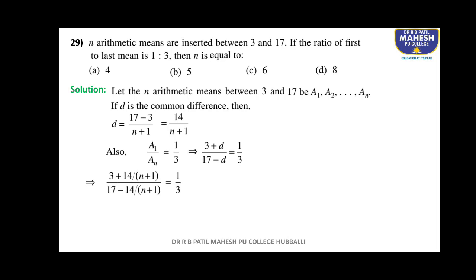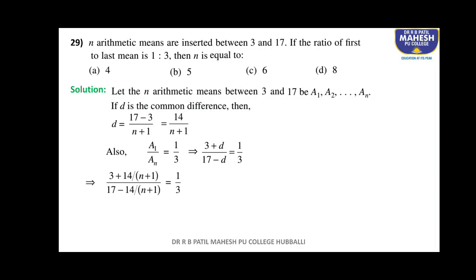Now we can take the value of D here. D is equal to 14 by (N plus 1). Therefore, by applying the value of D here, (3 plus 14 by (N plus 1)) divided by (17 minus 14 by (N plus 1)) is equal to 1 by 3. Now we can take the LCM of the numerator part, that is N plus 1, and the LCM of the denominator is also N plus 1.